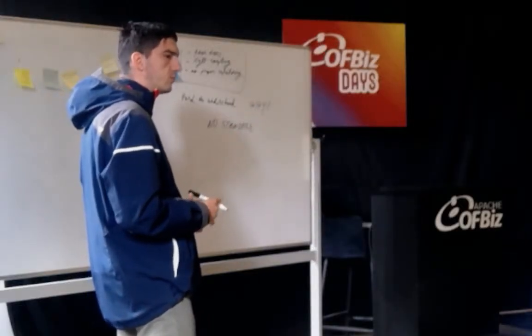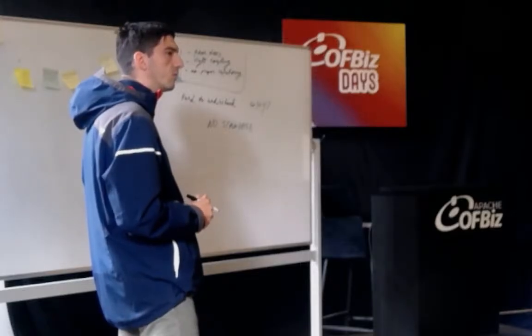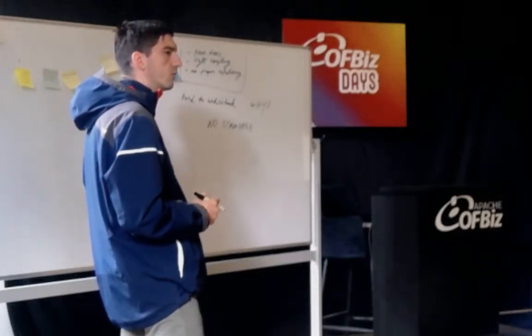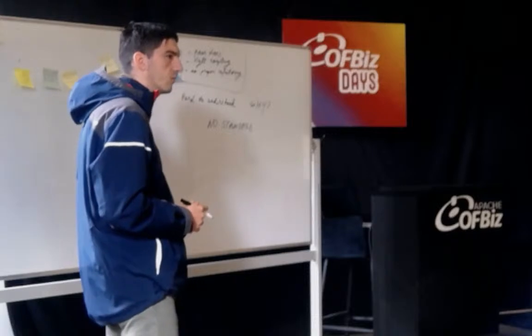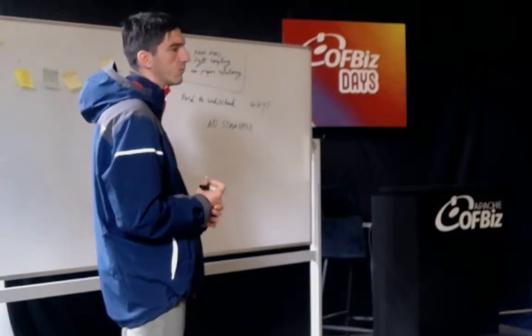Yeah, but it's quite difficult to define what that is. I think what is possible is to define technical standards. Yes, technical standards, but creating a product is not a technical standard.